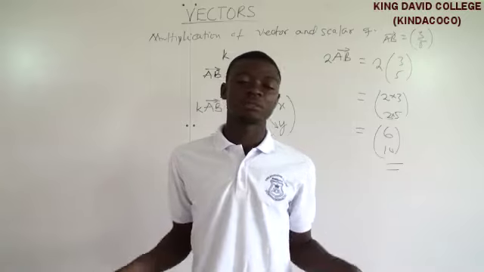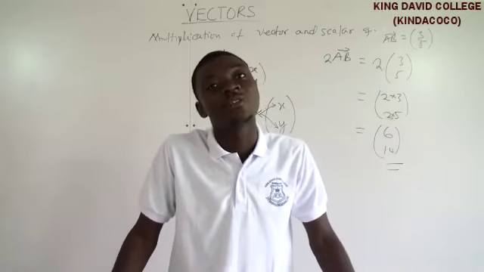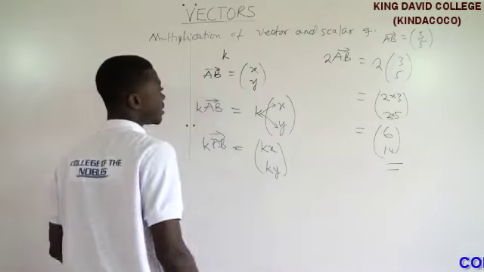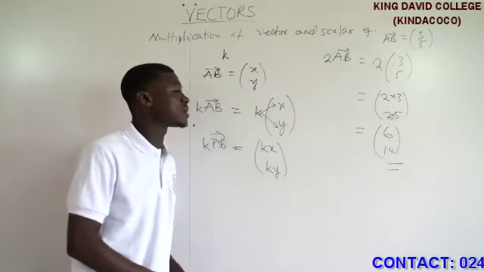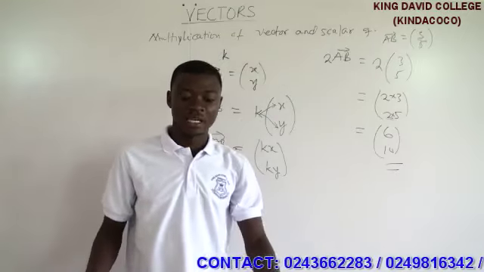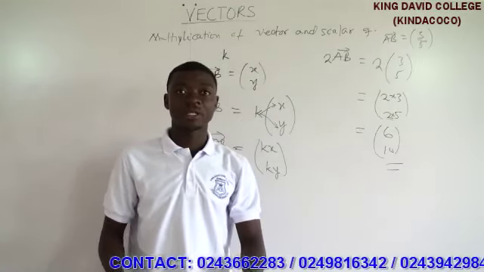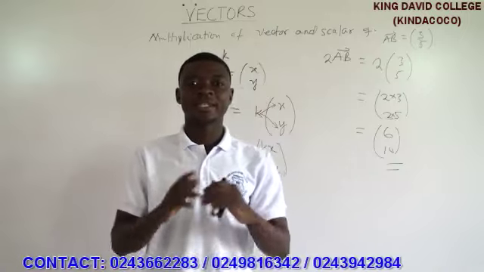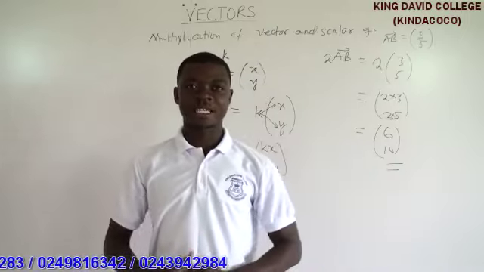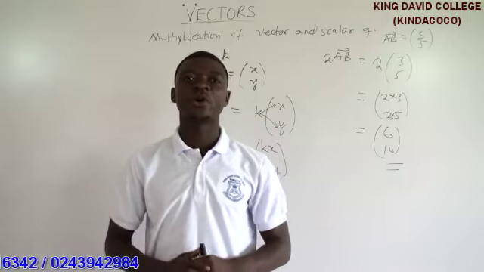So when you do that, you are good to go. Simple. So this is the concept of multiplication of a vector and a scalar quantity.